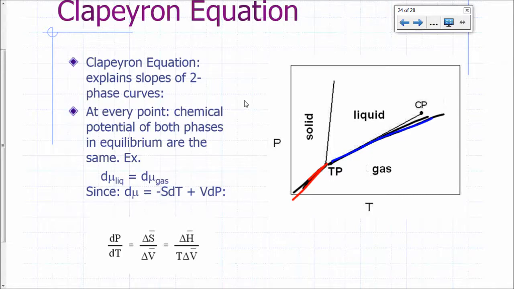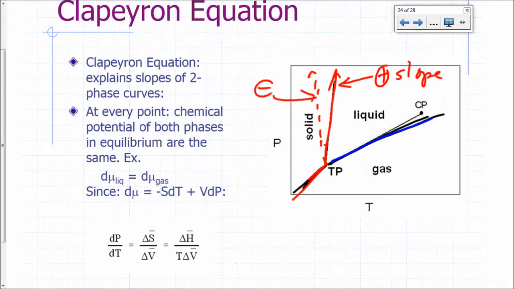And why is this solid liquid curve very steep? And in the case of water, why does it lean the other way instead of this way? Typically, your solid liquid curve leans this way, positive slope. So all of these have positive slope, with the exception of water, where the solid liquid curve has a negative slope. We can explain all of that using thermodynamics, and it's a Clapeyron equation that summarizes the behavior of these substances.